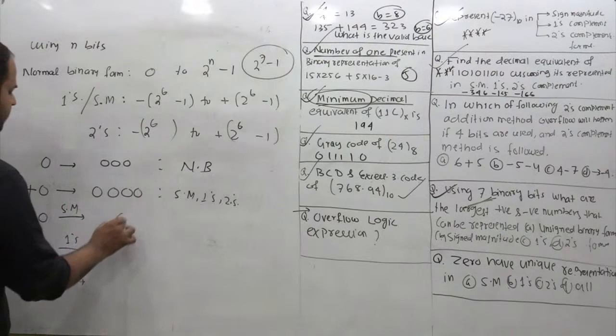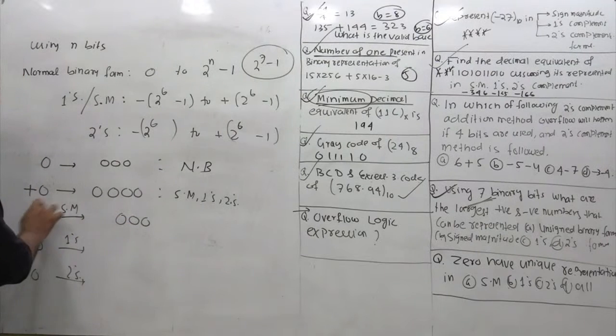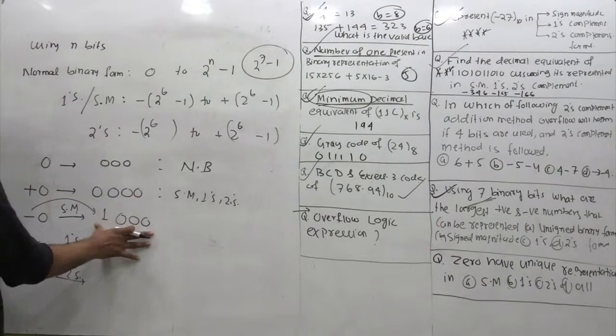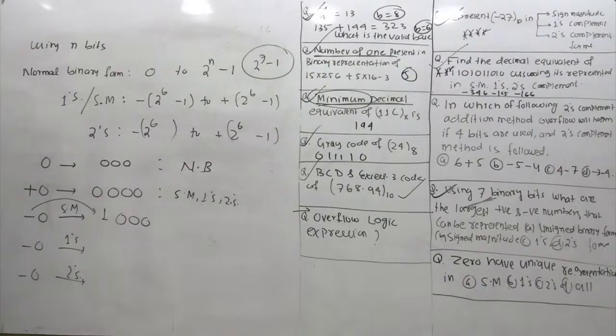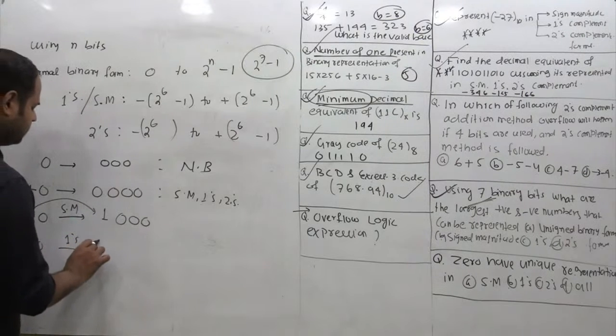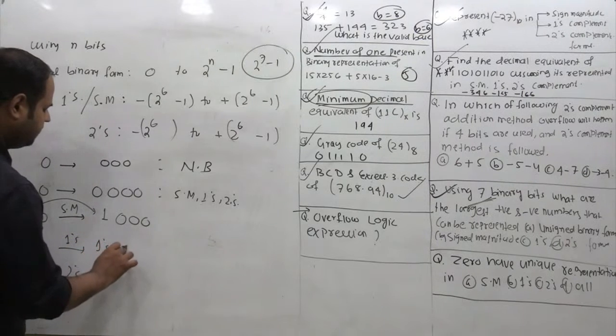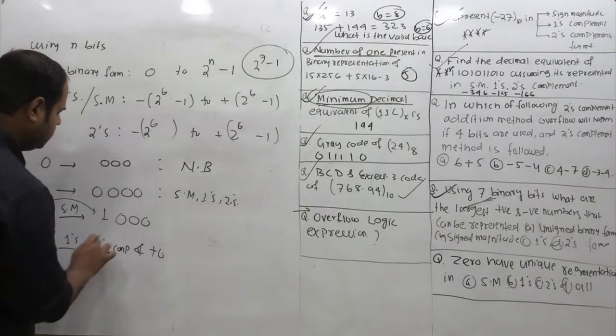For 0 I have used 3 bits. For minus we will be putting 1 here. This 1 is meant for the sign bit. So this is the representation of minus 0 in sign magnitude form.